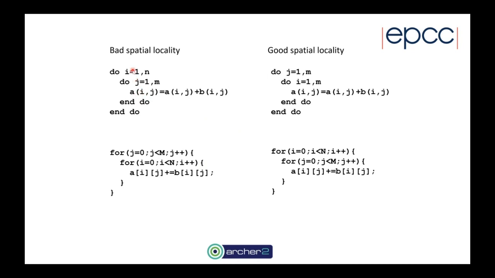So all of the I loop from 1 to n here is stored in a contiguous chunk in memory. And then in Fortran, every time you go around the j loop, you move on to a different chunk of I, and each one of those chunks is contiguous. But when you're moving through the j loop, you're stepping through n elements in memory.